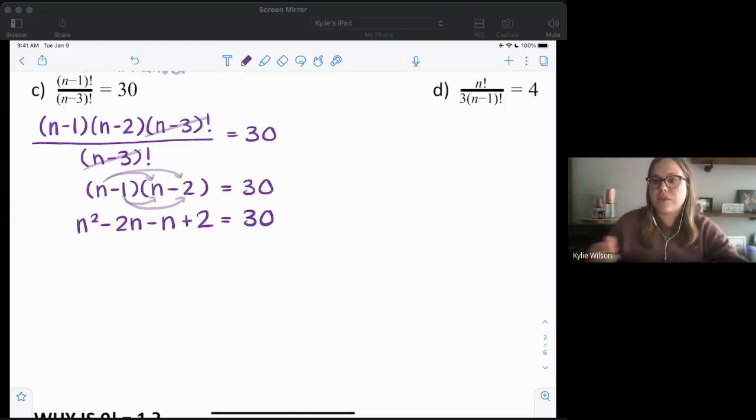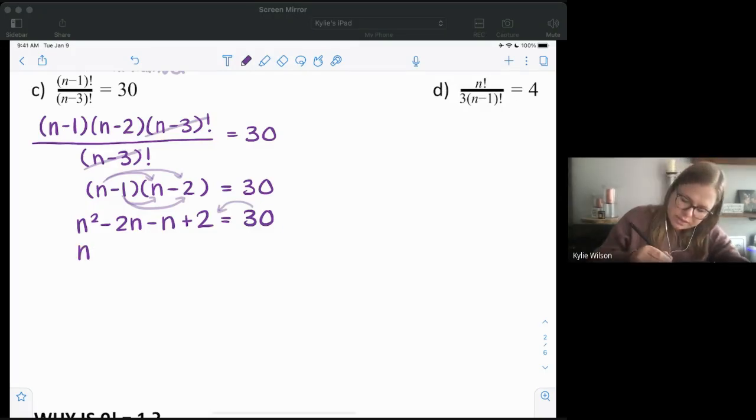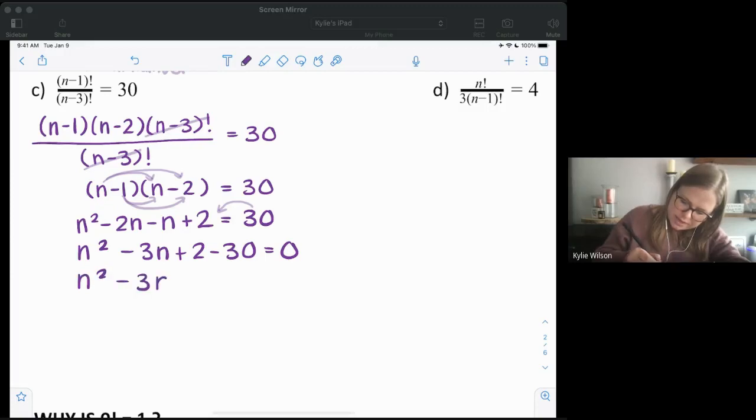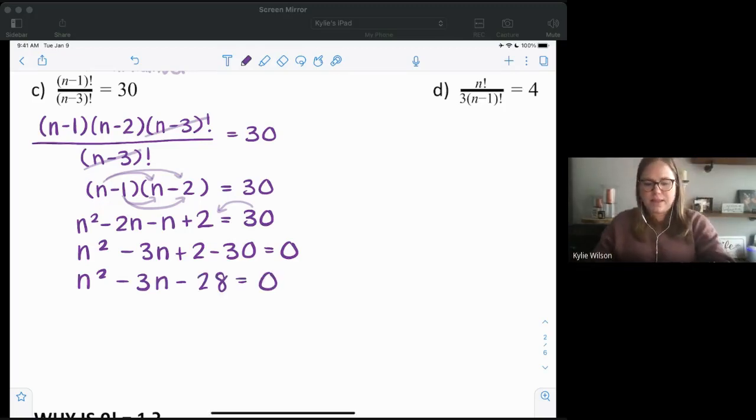In order to solve a quadratic, it must be equal to 0, so we have to move this 30 over to the other side. We'll have n squared minus 3n plus 2 minus 30, which is n squared minus 3n minus 28 equals 0. There we go.